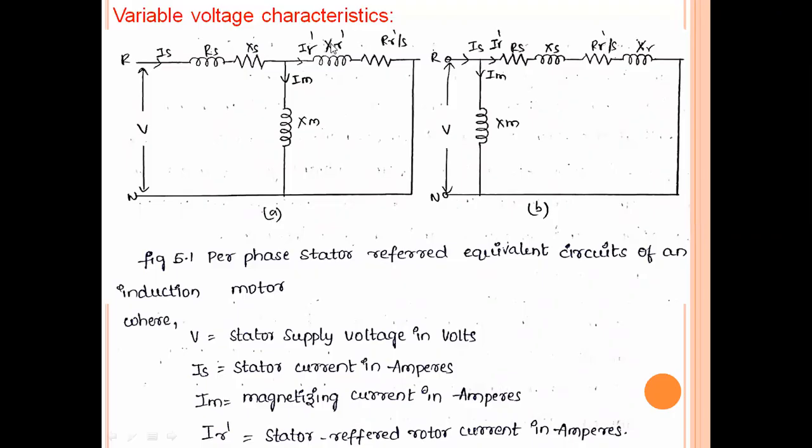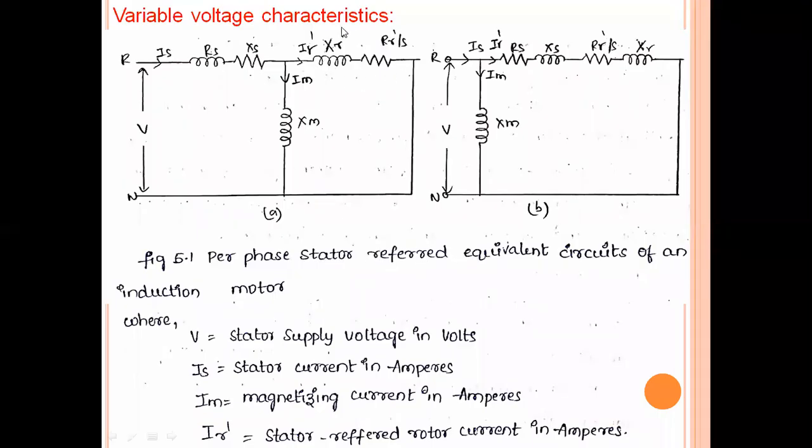And coming to the rotor, XR dash and RR dash by S, where S is the slip here. XR dash is the stator referred rotor reactance. Similarly, RR dash is the stator referred rotor resistance, because this is a stator referred equivalent circuit.